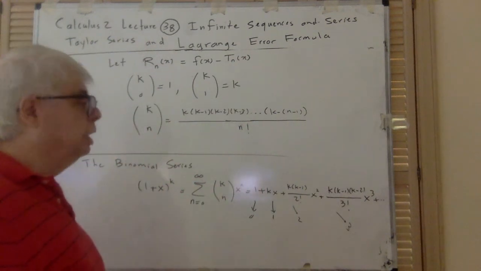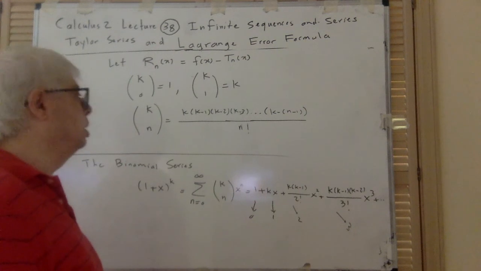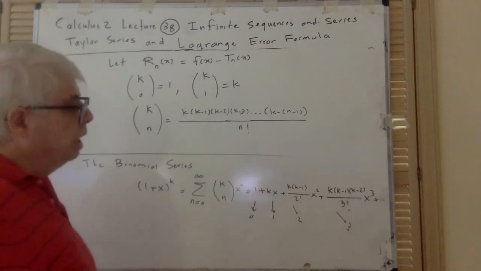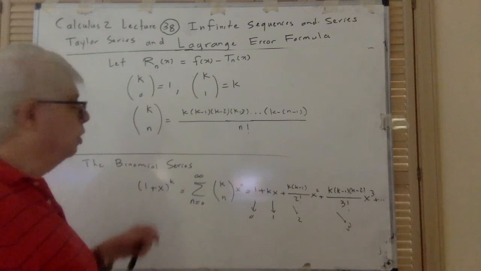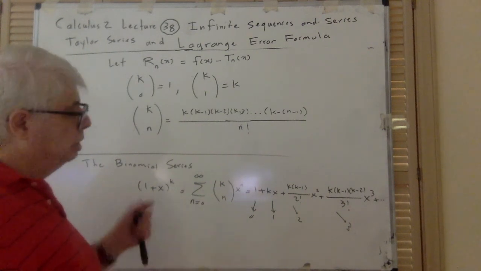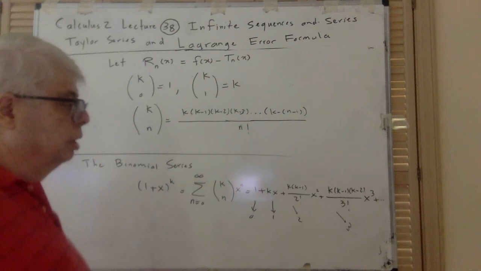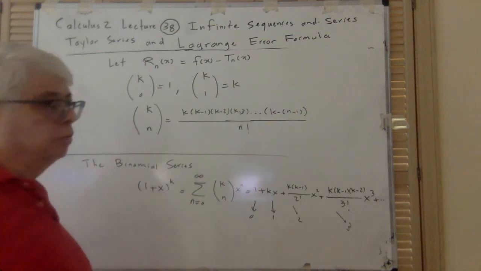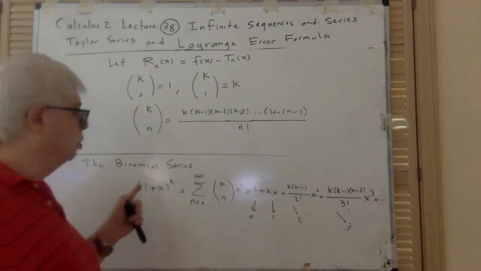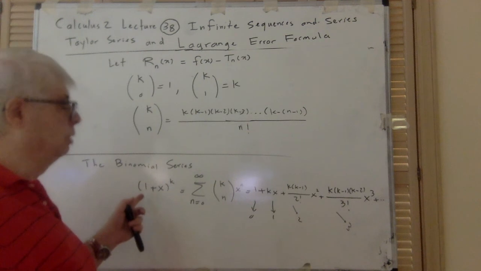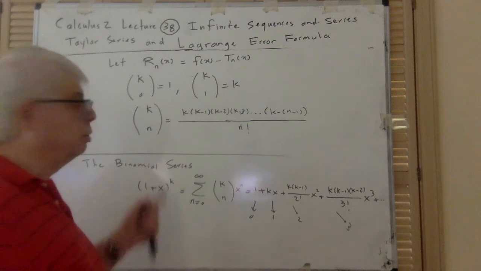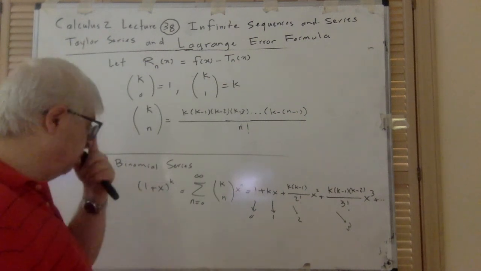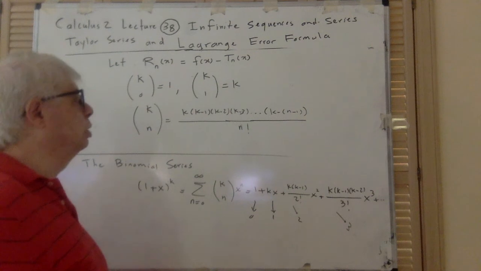If x is not too far from 0, then the error is small. So this is amazingly good when x is not too far from 0. So for this one, in fact, we can find 1.1, for example, to some power, a very good approximation.